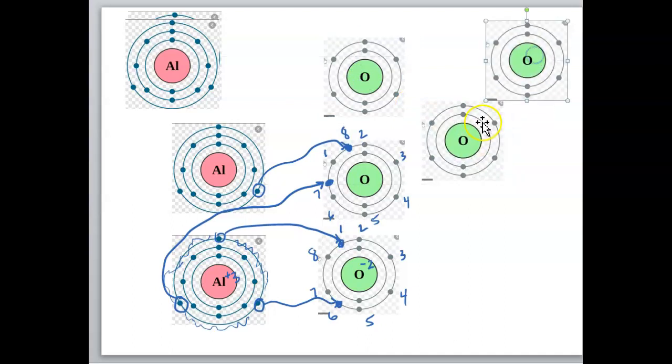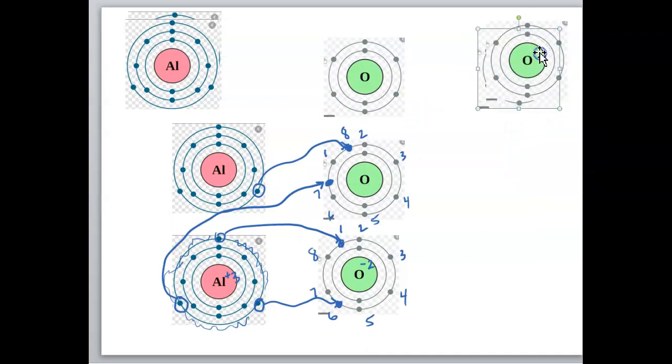And I'll move these oxygens away. There we go. So in this case now, we have aluminum that wants to get rid of 2 electrons and oxygen that happens to want to get 2 electrons. This is where our story comes to an end. There we are. So it has lost this electron to the oxygen, and it has lost this electron to the oxygen.